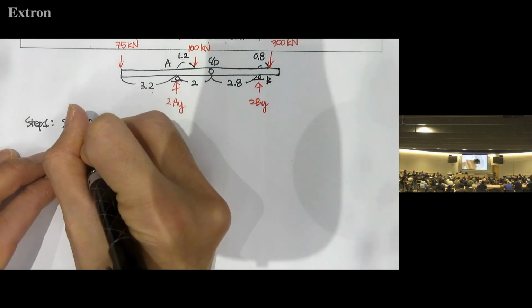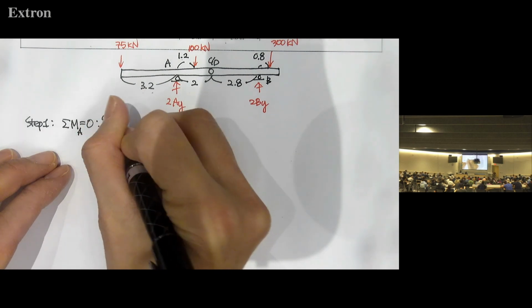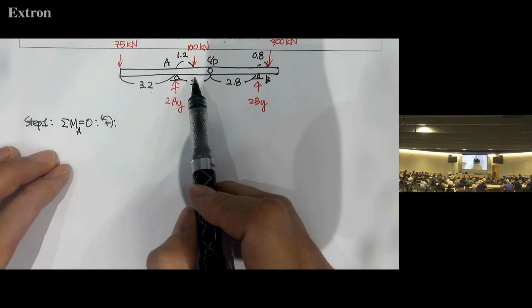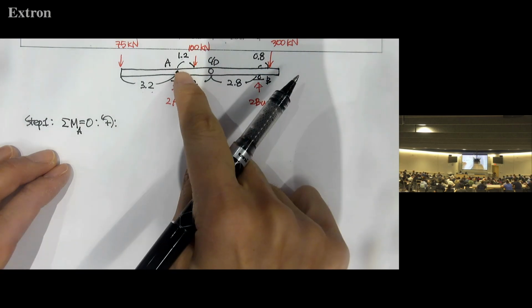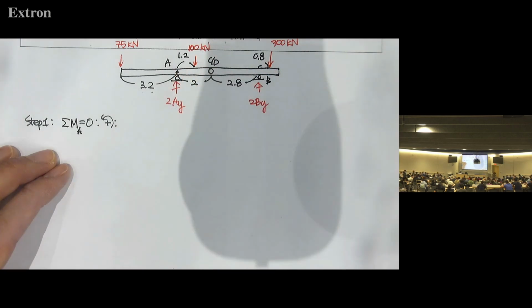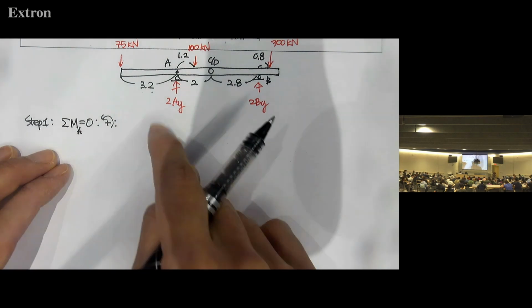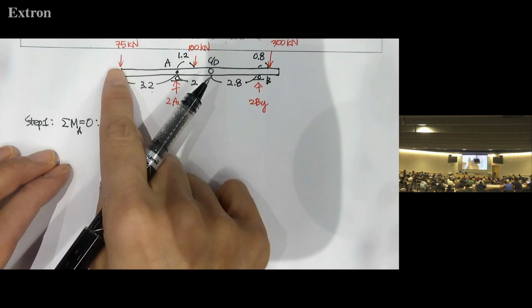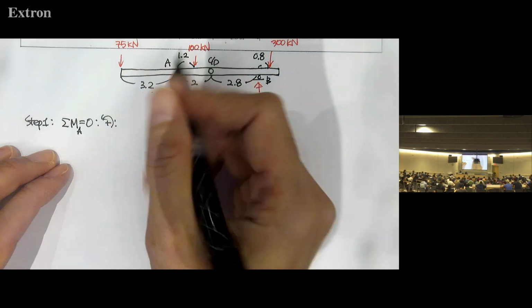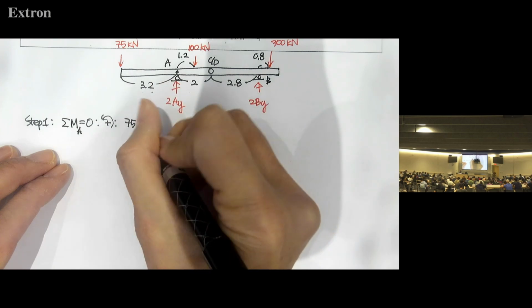If we use A, and assume one direction is positive, then A is the reference point, and we count all the moment contributions from the forces. So 75 times 3.2, that is the moment by 75.